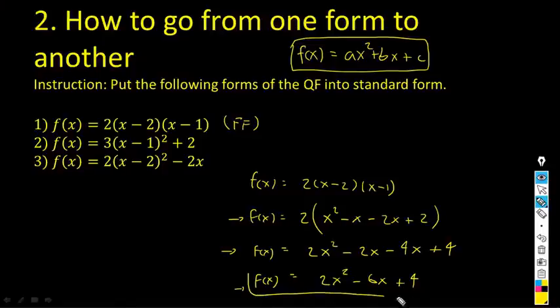This is, as you can see, in the standard form. Look at this and look at this, and it matches almost completely. Maybe we should add the plus that I told you. I'm going to do it in here, very, very small. f of x equals 2x squared plus minus 6x plus 4.